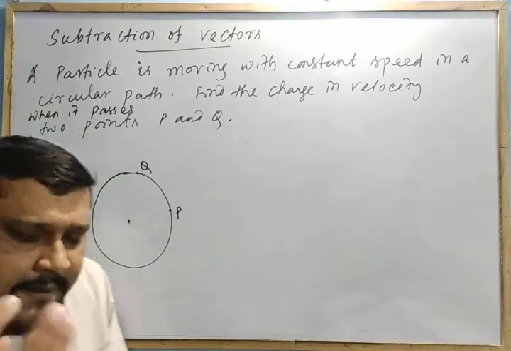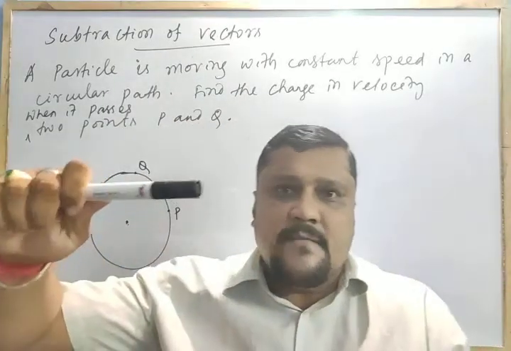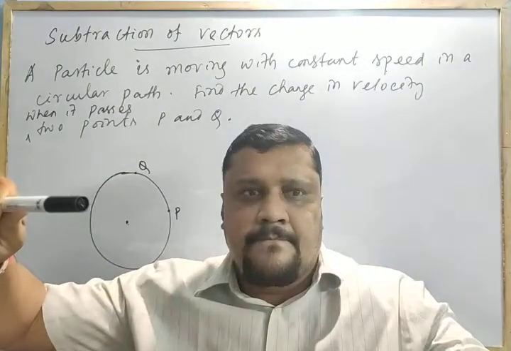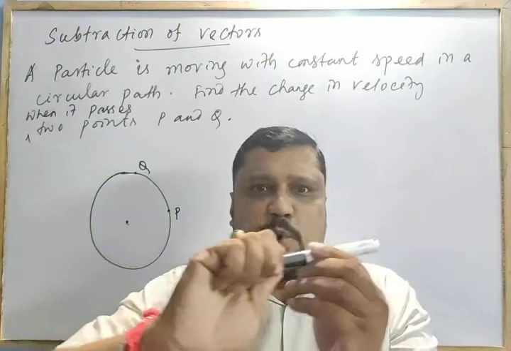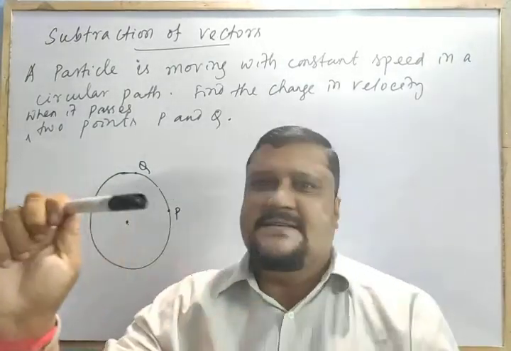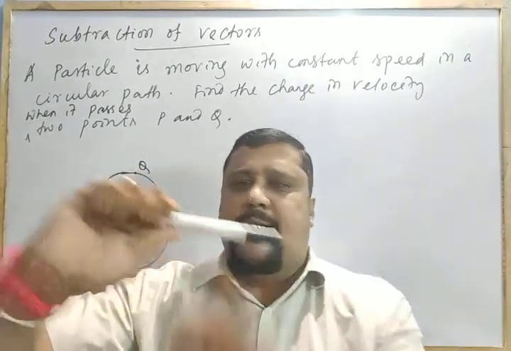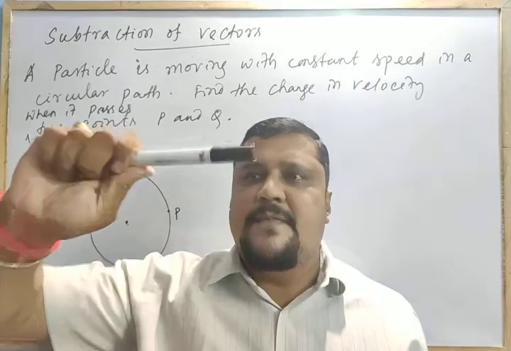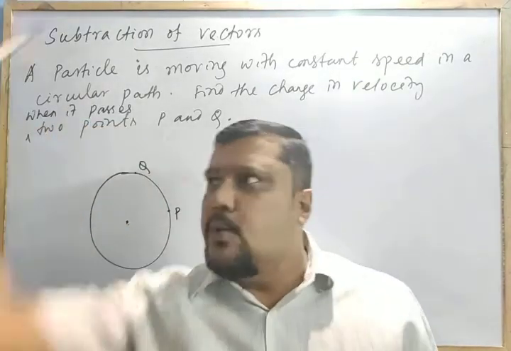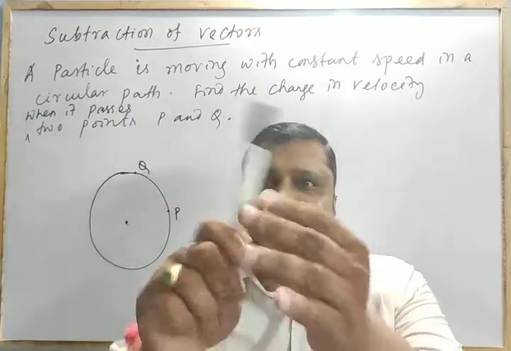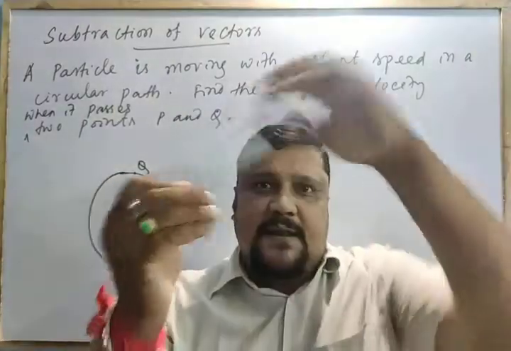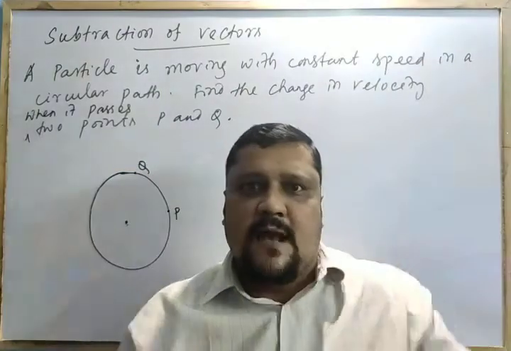How? Take a string, tie a stone here, keep this as the axis where you are with your hand, and keep that in your hand. Now you rotate that. The stone is here, and the string is rotating like this.